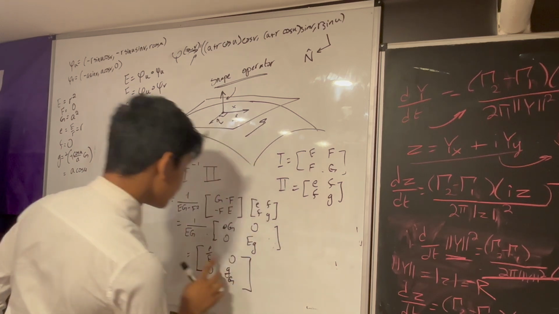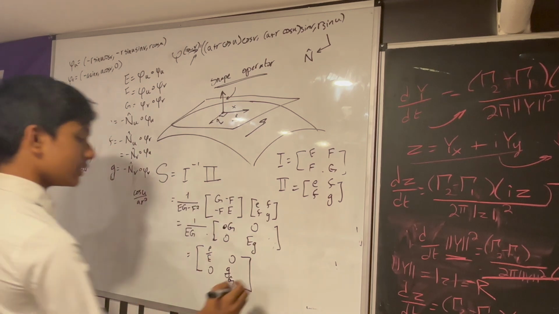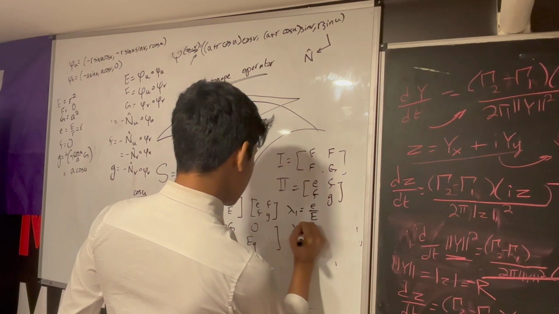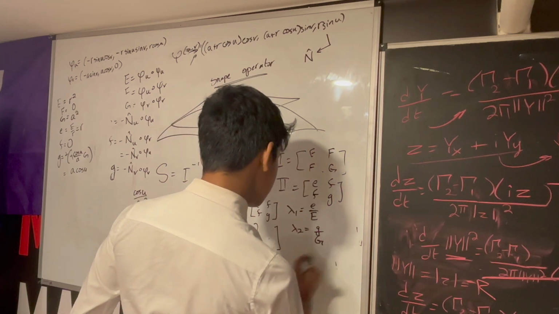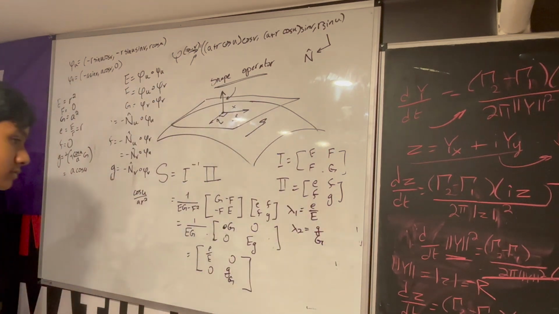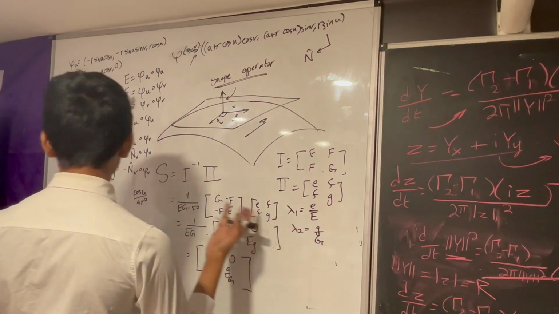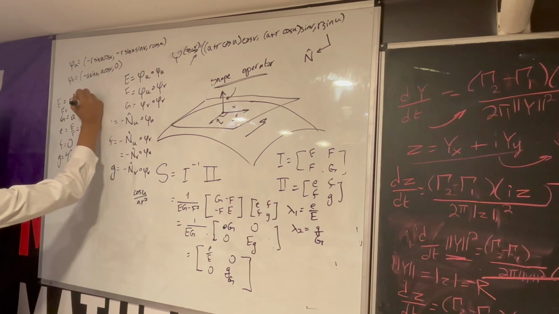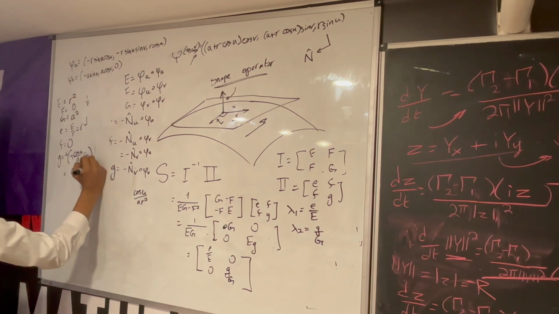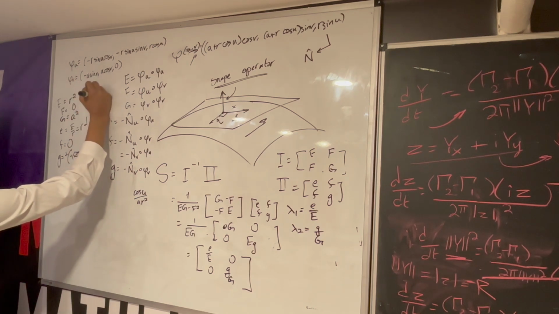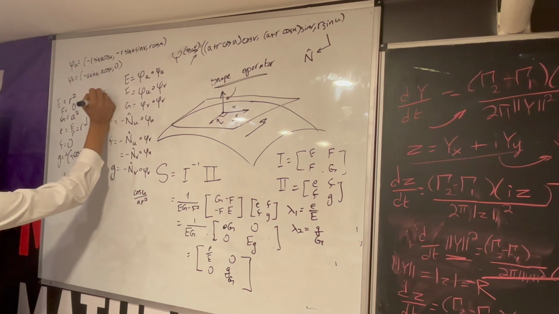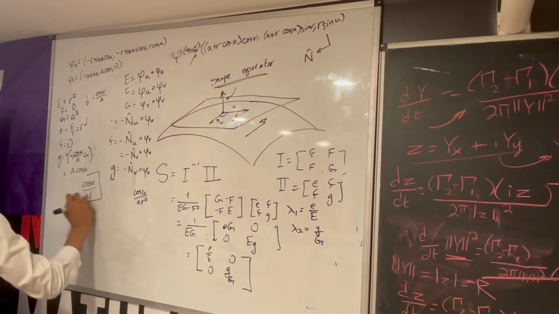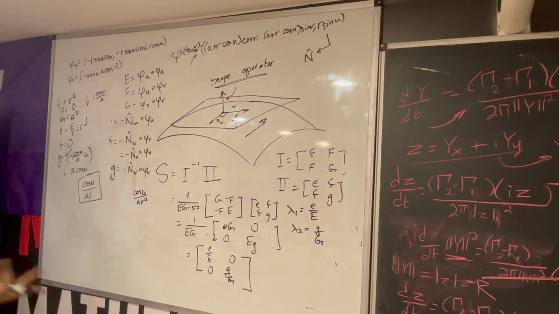So the eigenvalues of this are very clearly either e over e or g over g. Okay, so what if that? Well, it turns out e over e is 1 over r, and g over g is cosine u over a, which means that the answer should be just the product of the two principal curvatures, cosine u over a r.